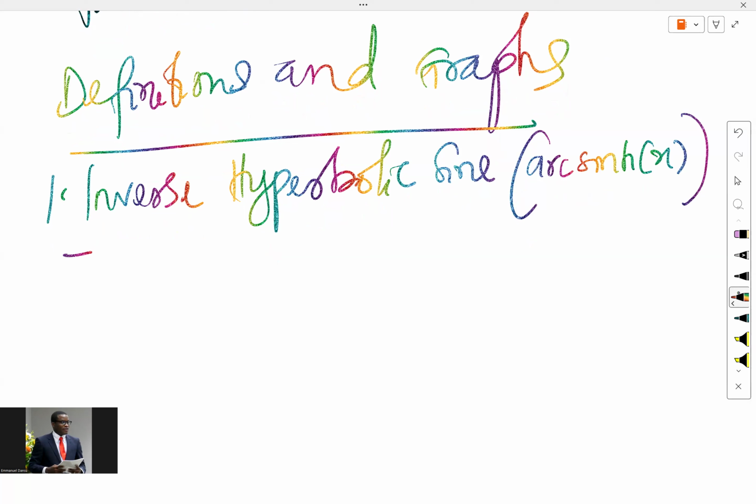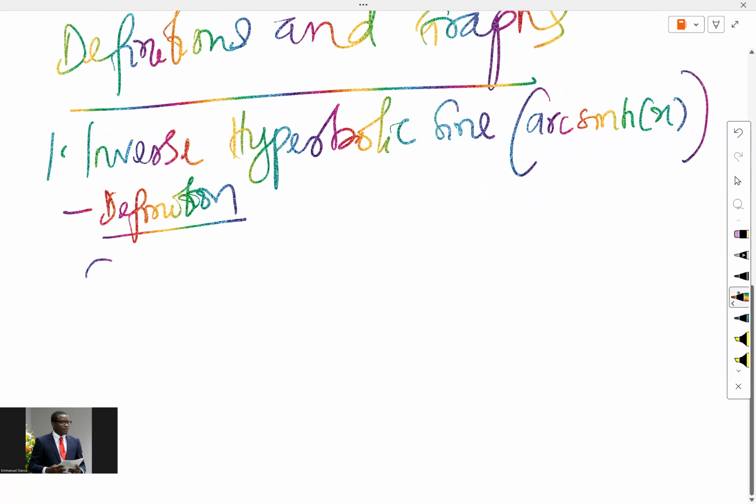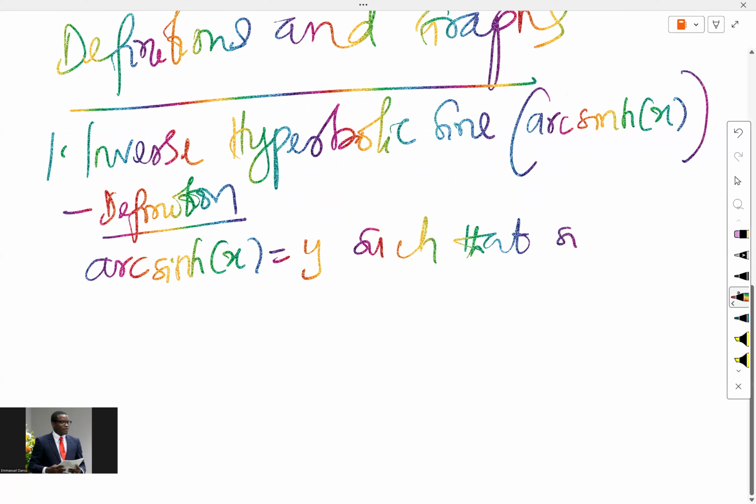The definition is this: arcsinh x is equal to y, such that sinh y is equal to x.